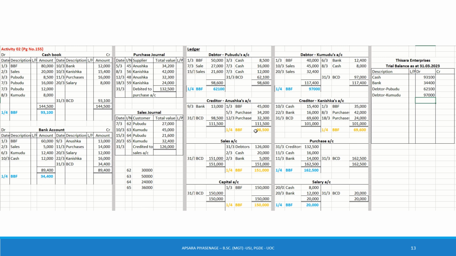Creditor Anushka, 98,500 credit balance. Then creditor Kanishka is having a balance of 69,600.